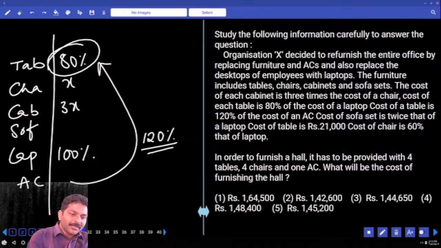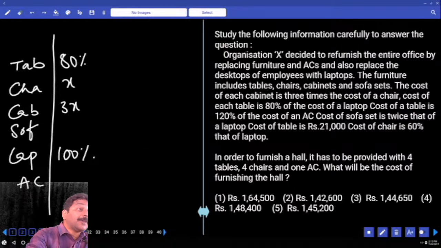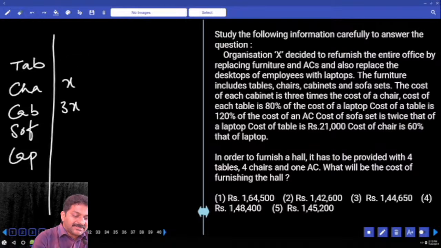Are you getting? So can you multiply table alone with 3? What do you need to do? Laptop also multiplied with 3. Then values become, laptop is 300, table is 3 times 80, which is 240.